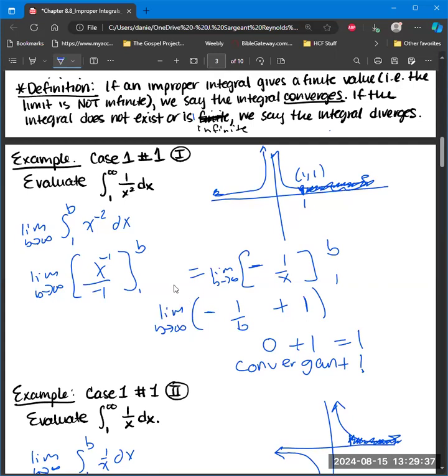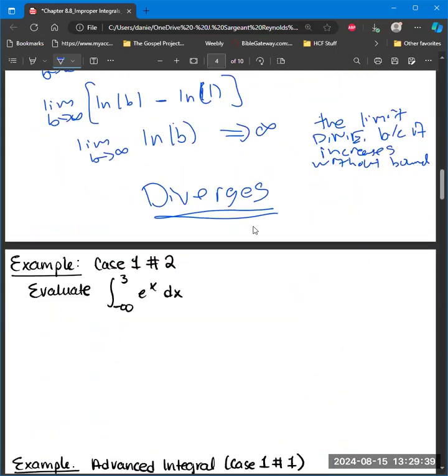It says that if I'm integrating from 1 to infinity of 1 over x to the p dx, this converges for all p greater than 1, and it diverges for all p less than or equal to 1.